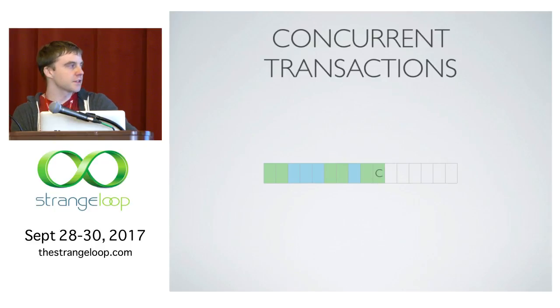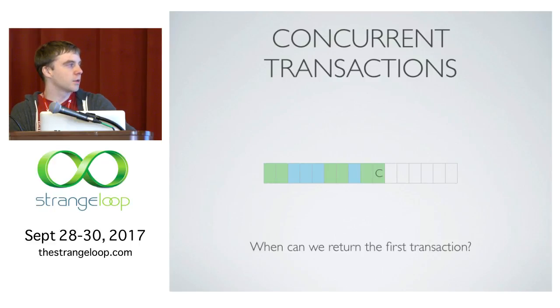There is a subtle point here, though, which I want to mention. In the face of concurrent transactions, here we have a committed transaction and one which has not been committed or aborted yet. So the question is, when can we return the data from that first transaction?